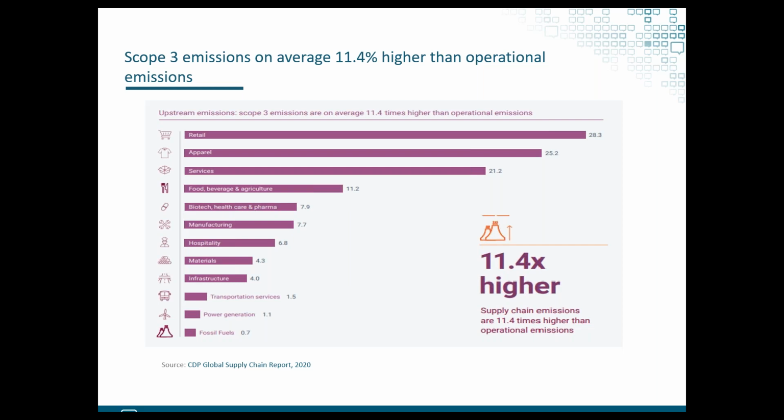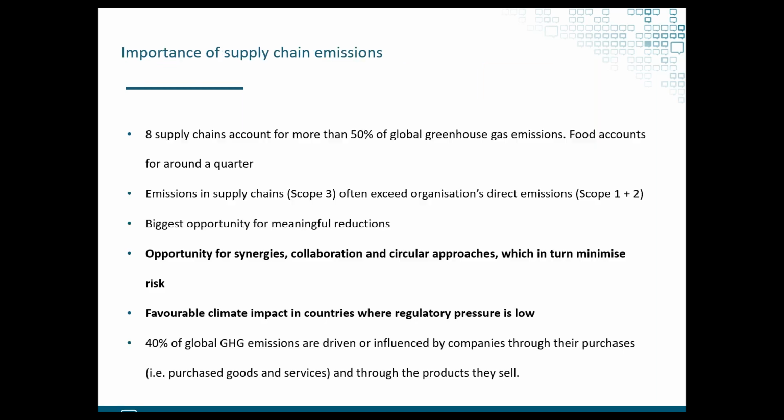This story is further corroborated by CDP's Global Supply Chain Report, which states that, based on disclosure anyway, scope 3 supply chain emissions are on average 11.4% higher than operational emissions. And that's a figure that's increased from an average of 5.5% in their 2019 report.